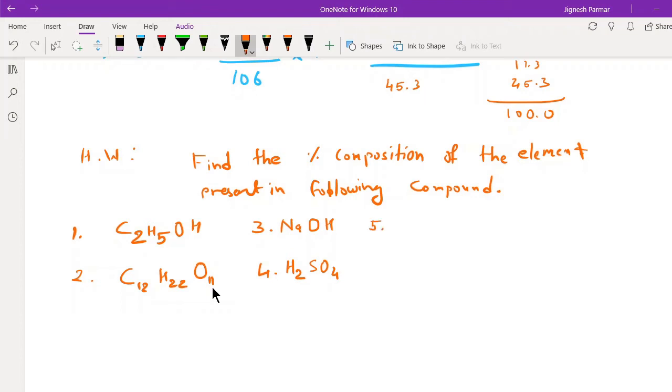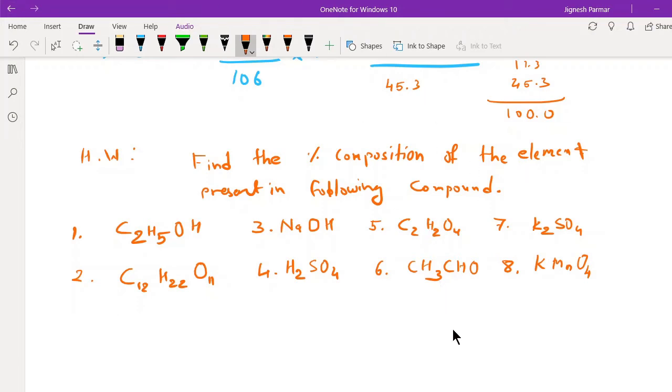Number five, C2H2O4. Number six, CH3CHO. I want you to use your brain. 7, K2SO4. Number 8, KMnO4. These are the 8 questions which you have to solve.